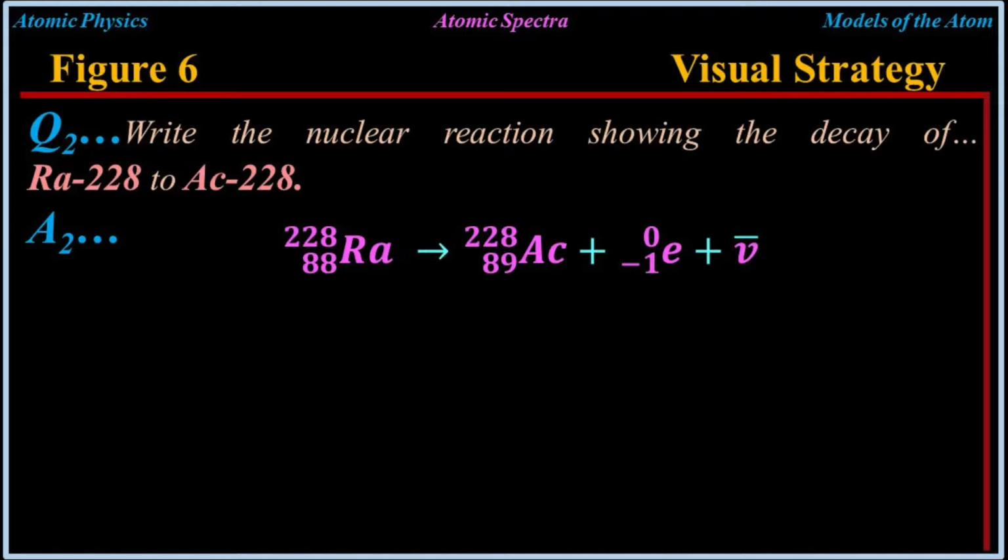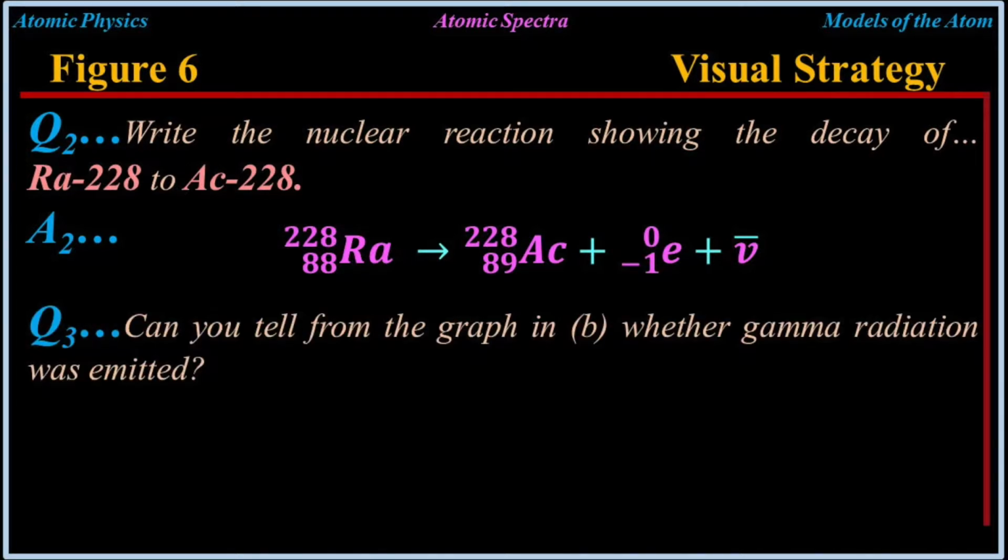All right, there's the equation for the decay of radium-228. Can you tell from the graph in B whether gamma radiation was emitted?